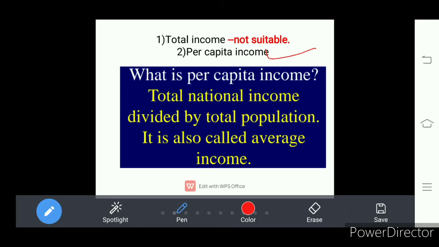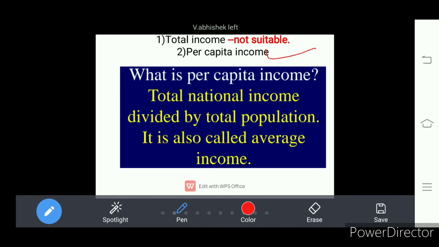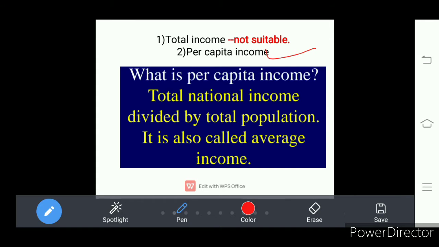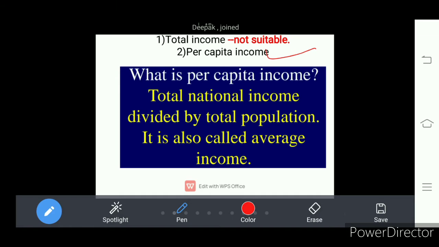What is meant by per capita income? It is the total national income divided by its population. Then we get a per capita income. It is also called average income. Okay. What is another name for the per capita income? Average income.